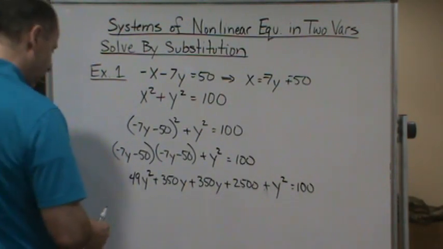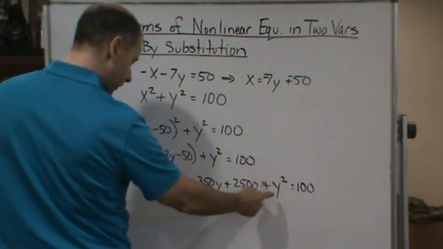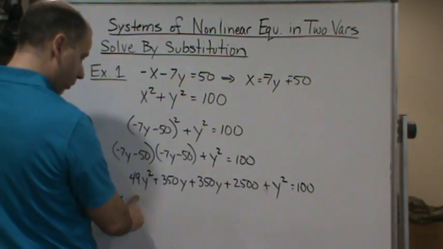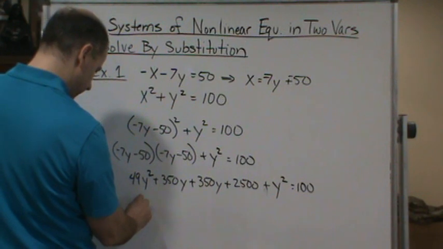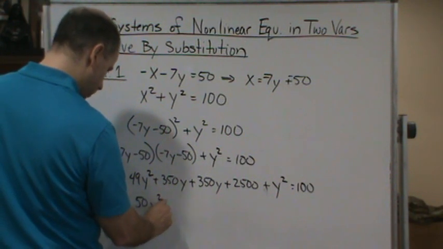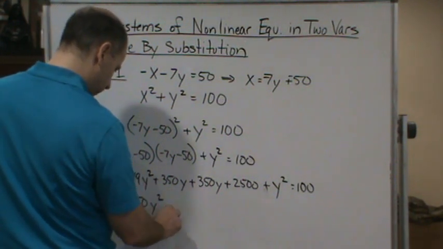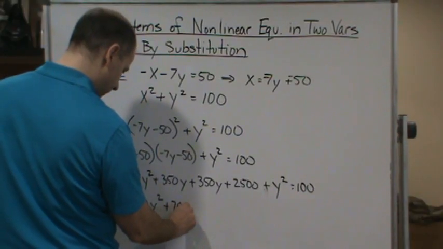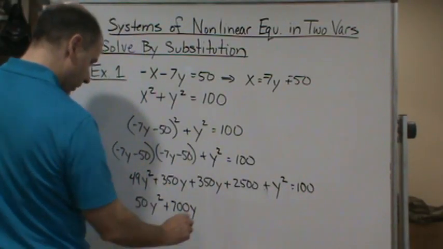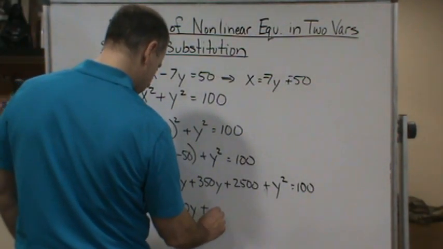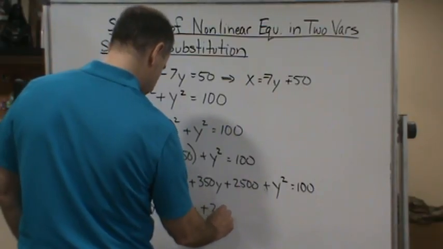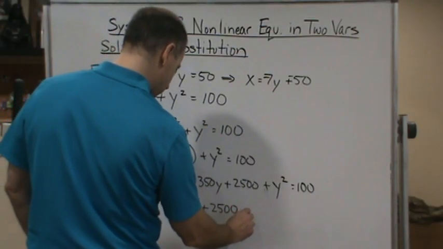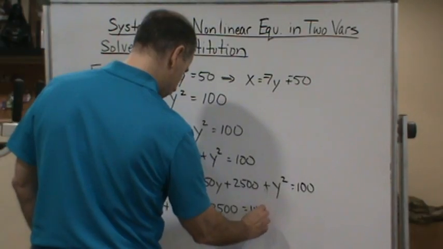Okay, so now simplify, right? I've got a y squared here, a y squared here, so that's going to give me 50y squared, and then plus 700y plus 2500 equals 100.